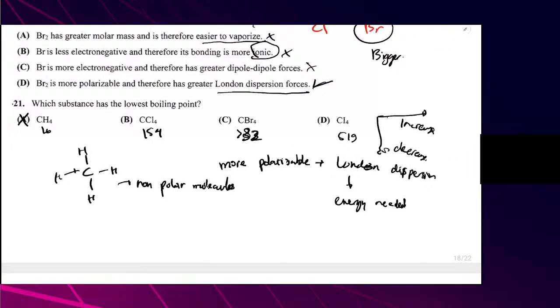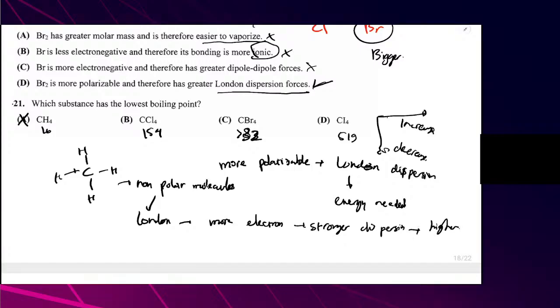So more electrons, stronger dispersion, and then higher boiling point.